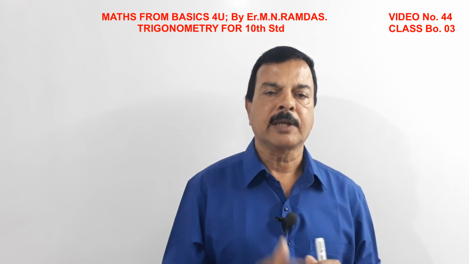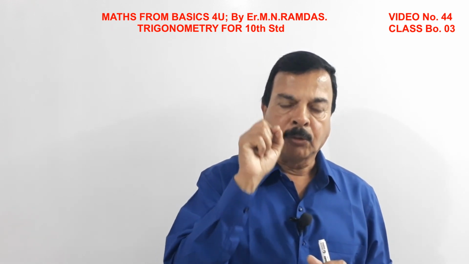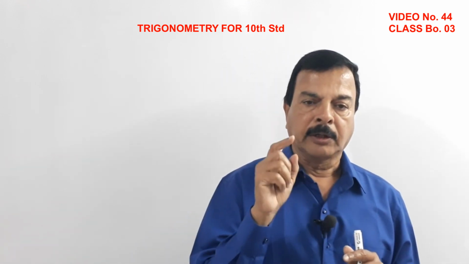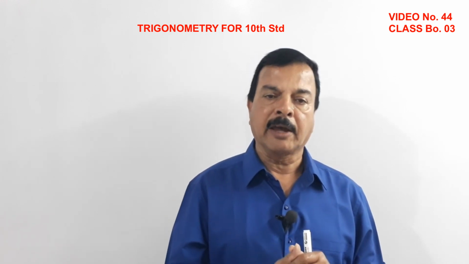So in the previous class I posted a video on how to find the trigonometric ratios, then reciprocals and some problems, and yesterday I posted one more video on how to prove trigonometric identities.